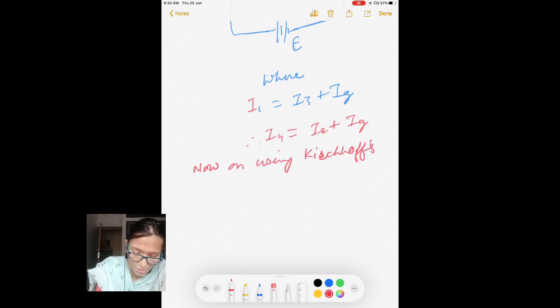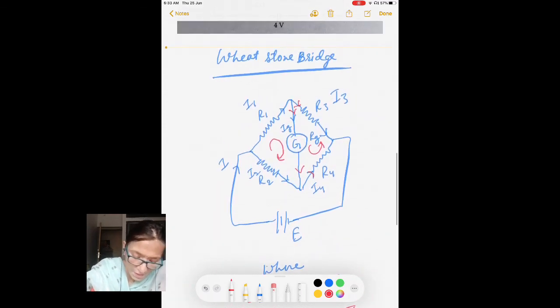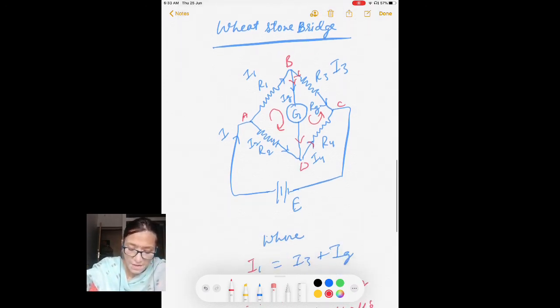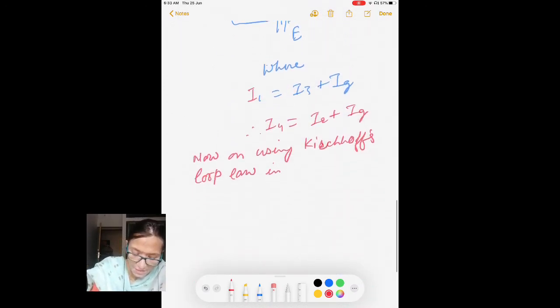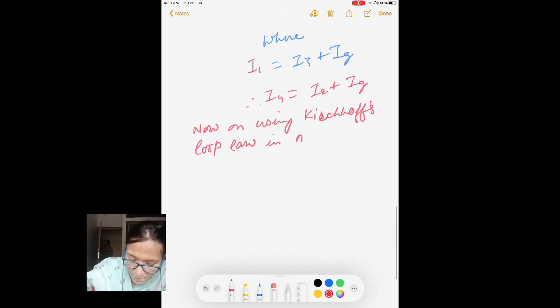Let me name the points A, B, C, D. In loop A, B, D, A.